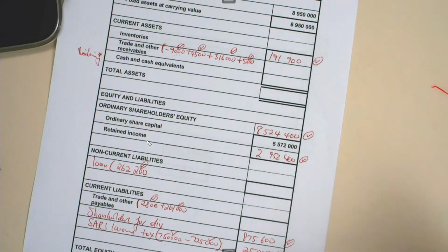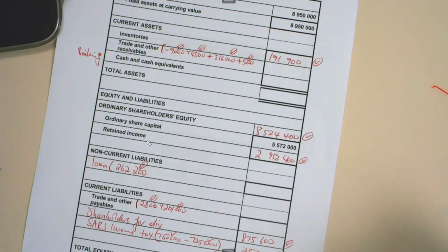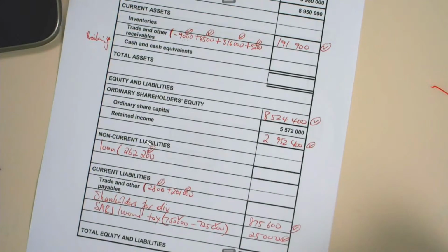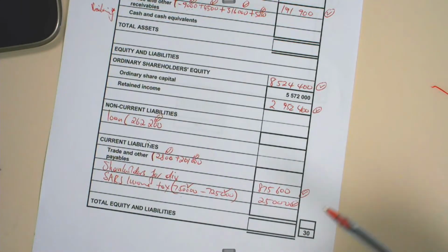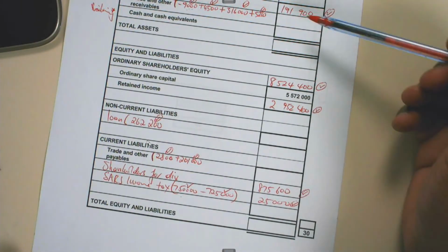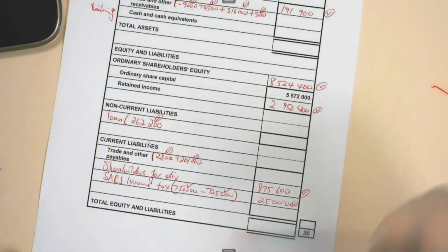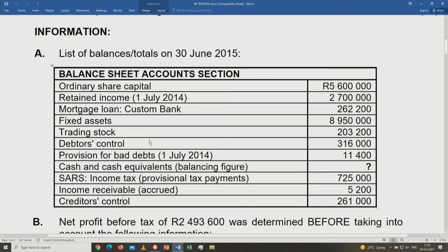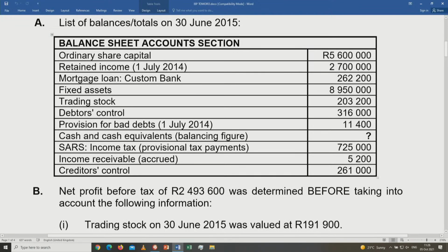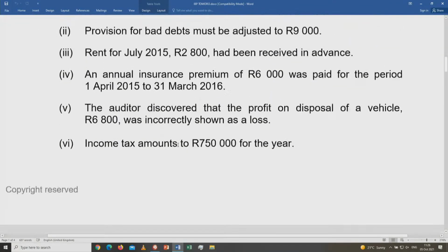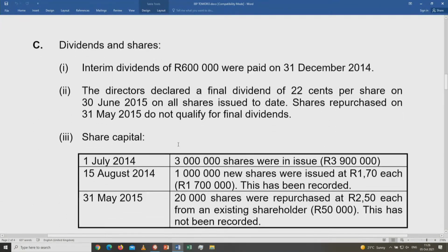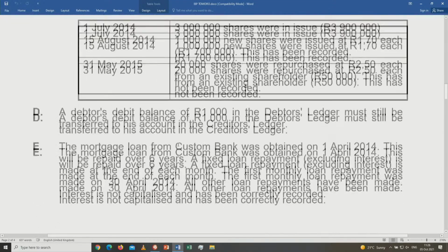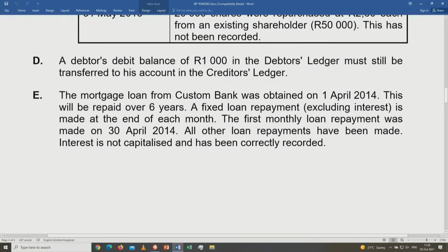Out of the 30 marks allocated for this balance sheet, we have 14 free marks. Now we can go back to our question. We're done with A, we're done with B, we're done with C, and then there's this one now, D.